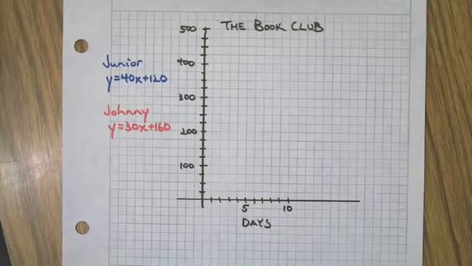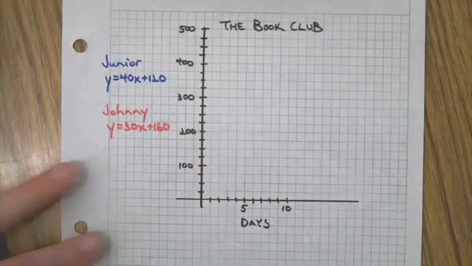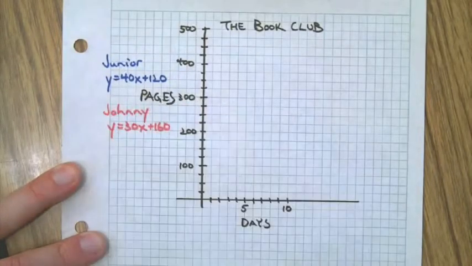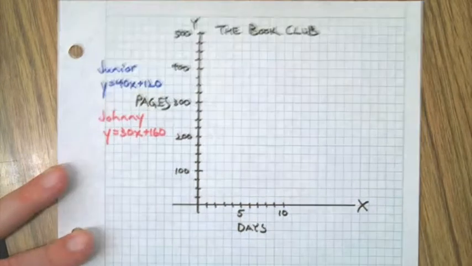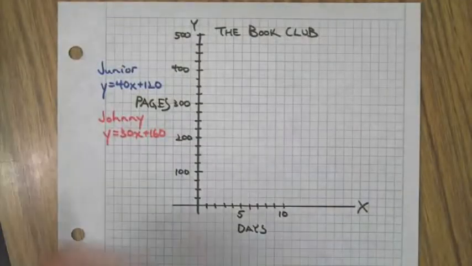We start with a graph. Every complete graph should have a title, and it should have the x-axis and the y-axis both labeled. The y-axis in this case will be the pages read, and the x-axis is the number of days they've been reading. There's Junior's equation. He reads 40 pages a day.